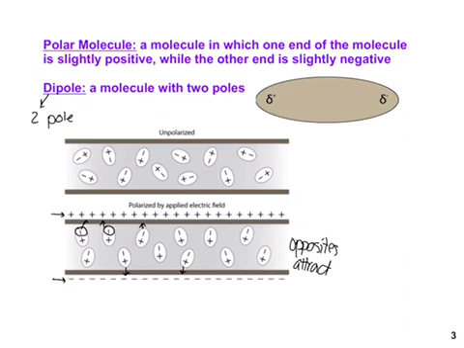And so when you have polarized sunglasses or lenses, the atoms or molecules of those lenses have been polarized, so they've been exposed to that electric field, and the molecules have lined up, which allows us to see crisper images.